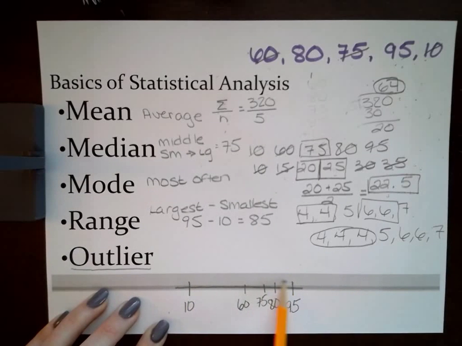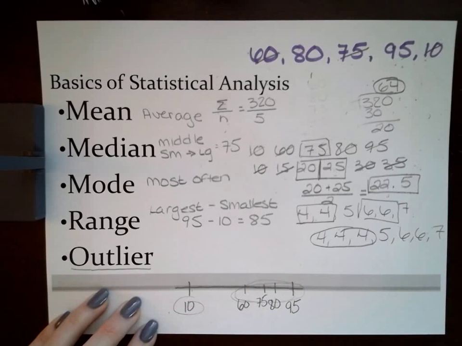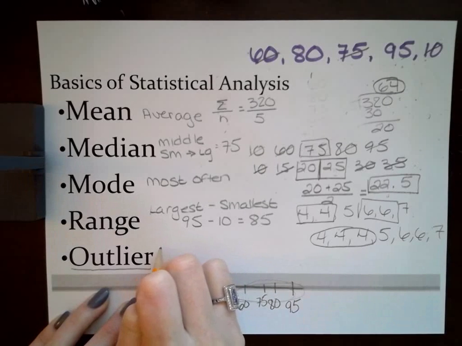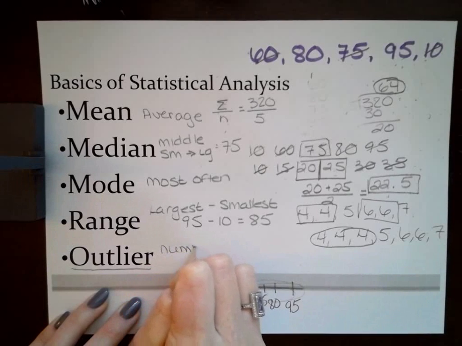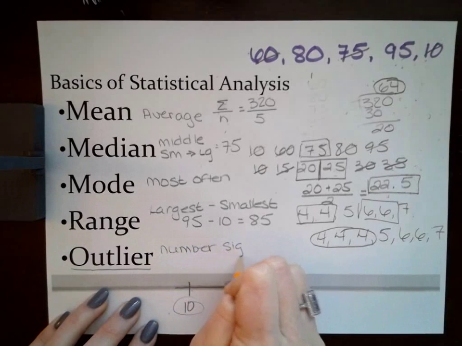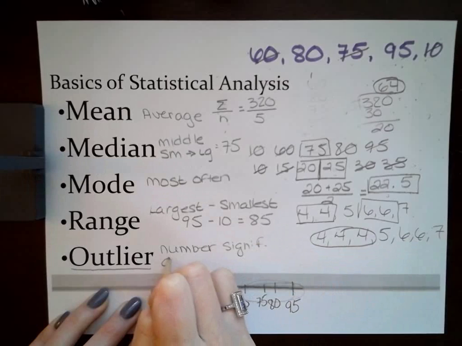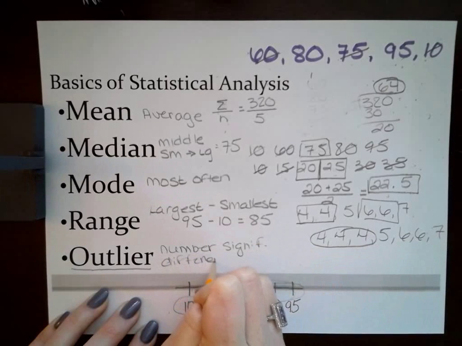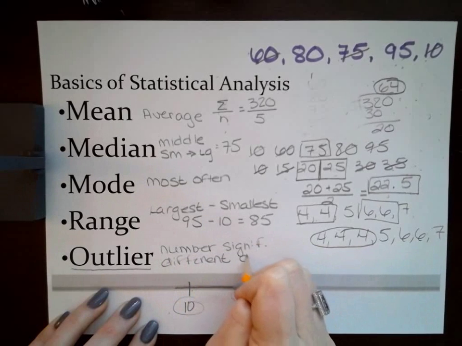So we notice that we have a good grouping of numbers up here. 60, 75, 80, and 95 are pretty close together. 10 is relatively far away. That makes 10 our outlier. So if we wanted to define outlier, we could say a number that's significantly different than the others, a number that's much further away.